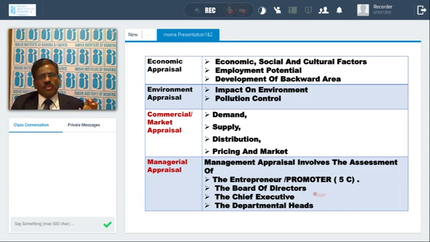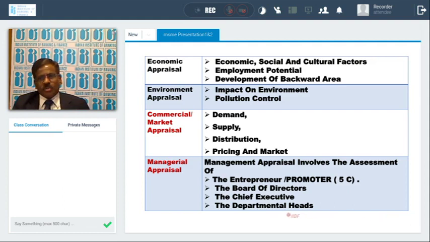Who is the chief executive, whether he has academic background, professional expertise, etc. And the department heads, because the unit will be running based on the key personnel there. It could be the CEO, CFO, or the department heads who run the business. They must first of all be qualified to run the business. Based on these things, you can make an assessment of the borrower on technical grounds.